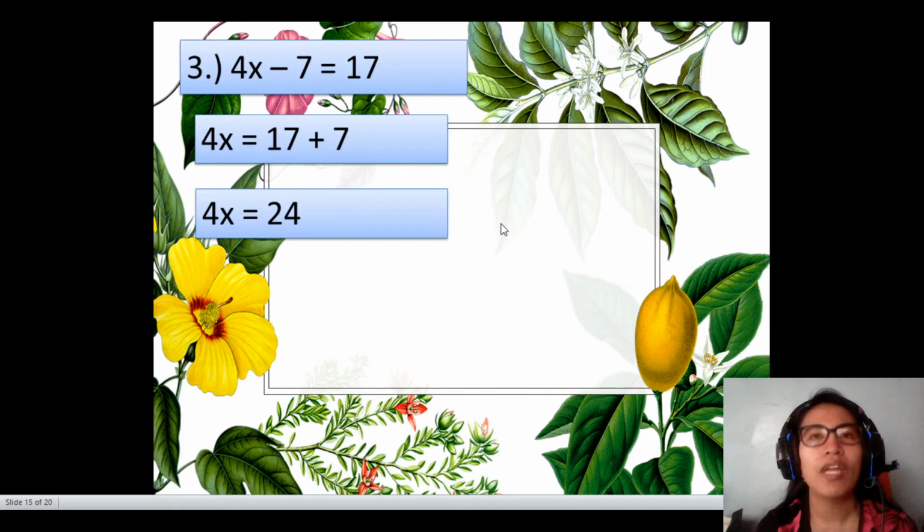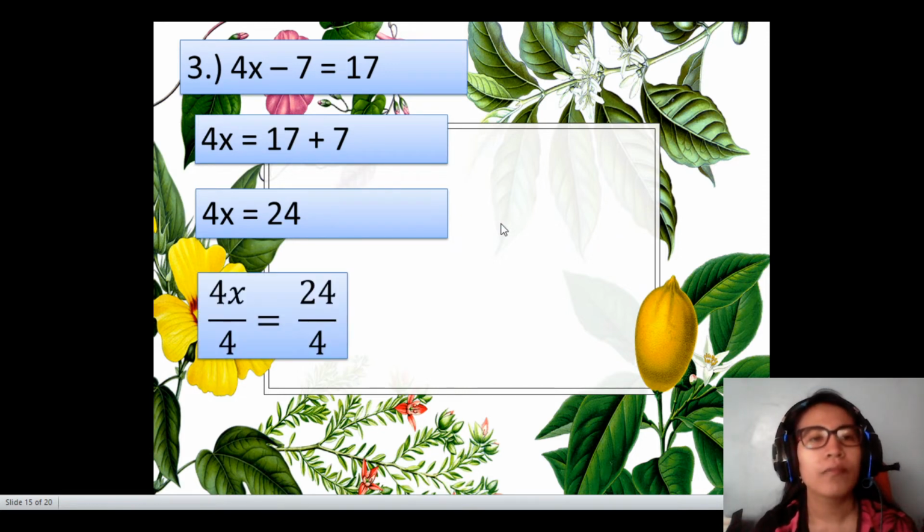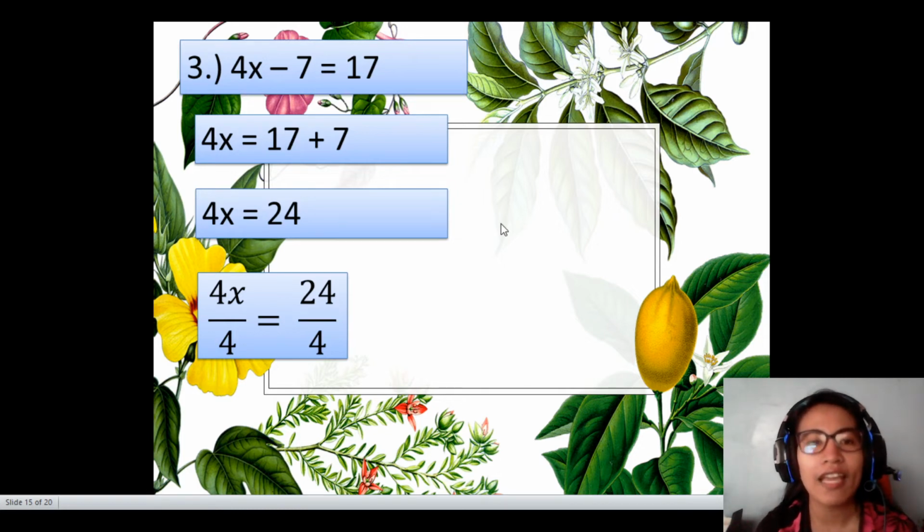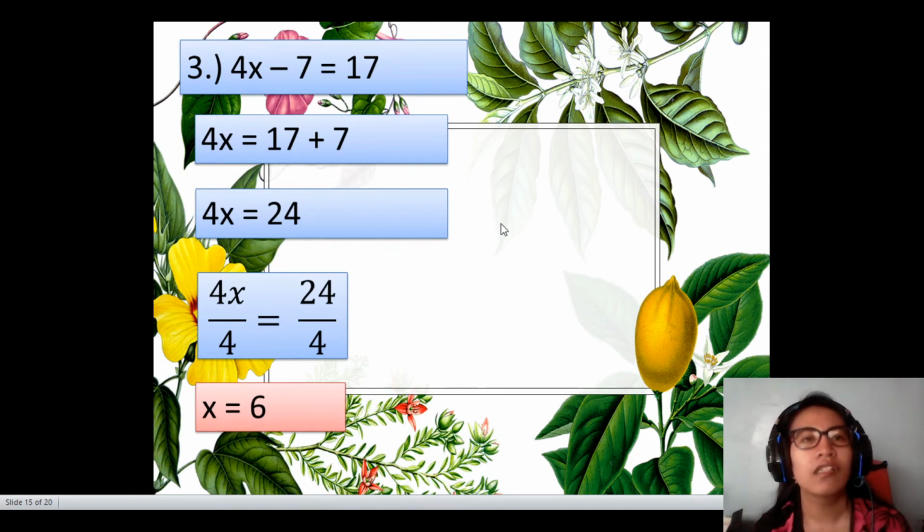The next step is to divide both sides by 4 because I have the numerical coefficient of 4 on the left side. So 4x over 4 equals 24 over 4. And when I divide the left side, it just remains as x. And 24 divided by 4 will give me 6. So x equals 6. To check, let us try to check.